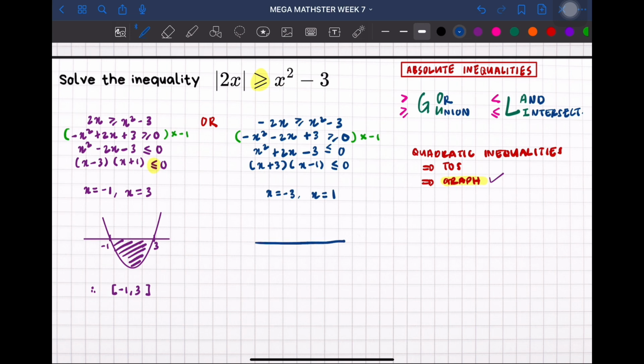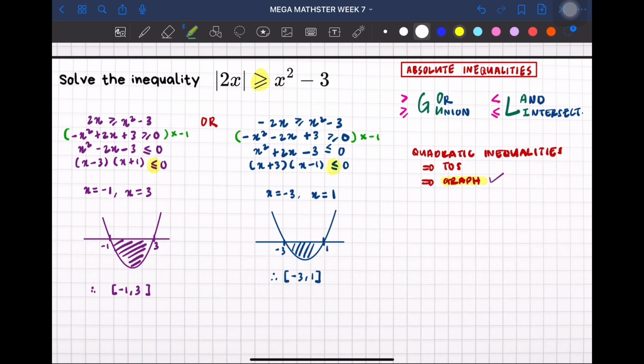Same as before, I'm going to draw a smile face because we use the positive x squared. It is negative 3 over here and 1 over here, and we shade the area over here because it is less than 0. The final answer for this one is from negative 3 until 1, and still we use the close bracket because of this sign over here.